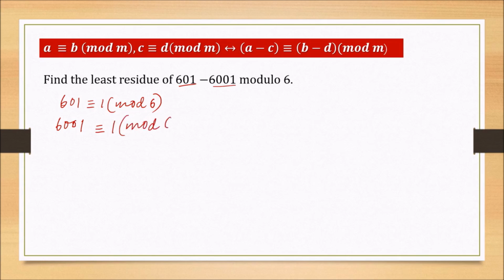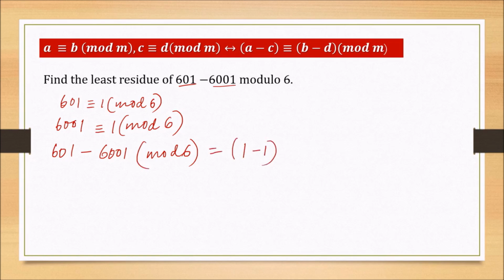When you divide by 6, the remainder is again 1. So 601 minus 6001 modulo 6 is the same as 1 minus 1 modulo 6. That will be 0 modulo 6. So 0 is the least residue.